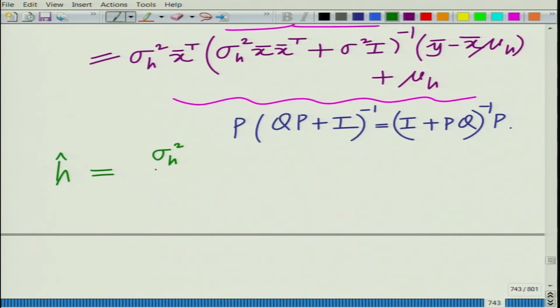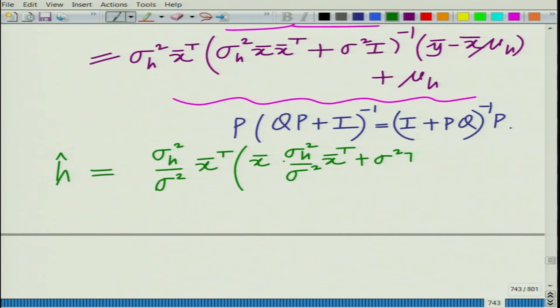So, I can write this as sigma h square over sigma square times x bar transpose, times (sigma h square by sigma square x bar x bar transpose plus identity) inverse times (y bar minus x bar mu h) plus mu h.